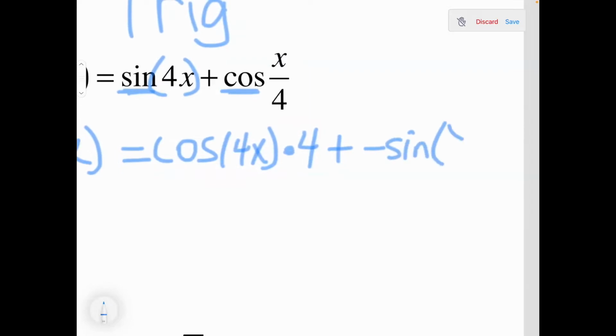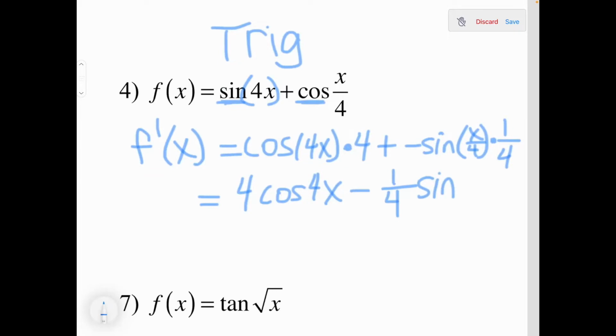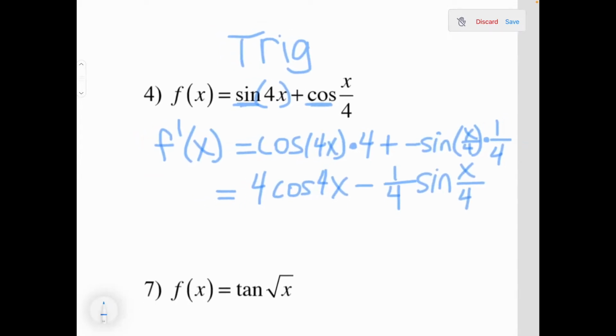Since the x over 4 is inside the function, we're not going to change it. And then we're going to multiply by the derivative of x over 4, which would be 1/4. We end up with 4 cosine 4x minus 1/4 sine x over 4. Fairly straightforward there.